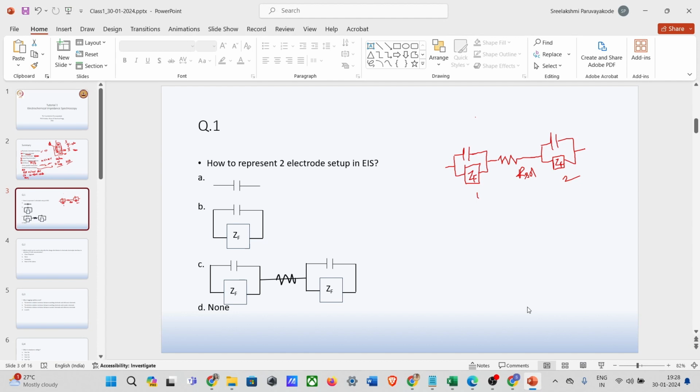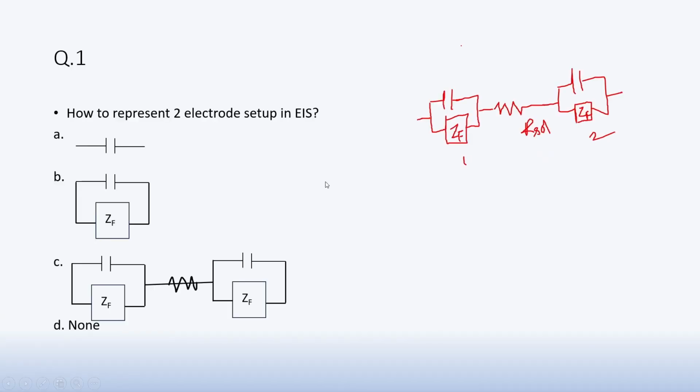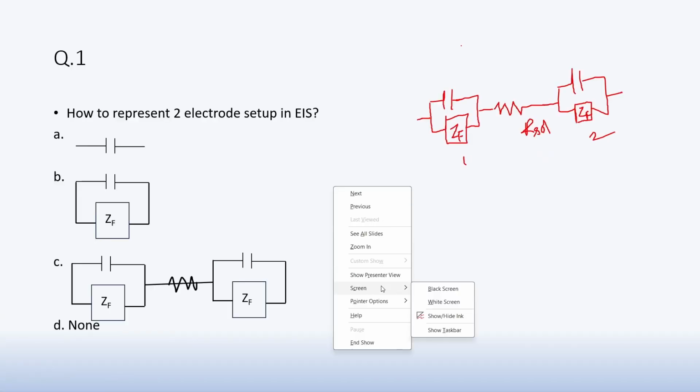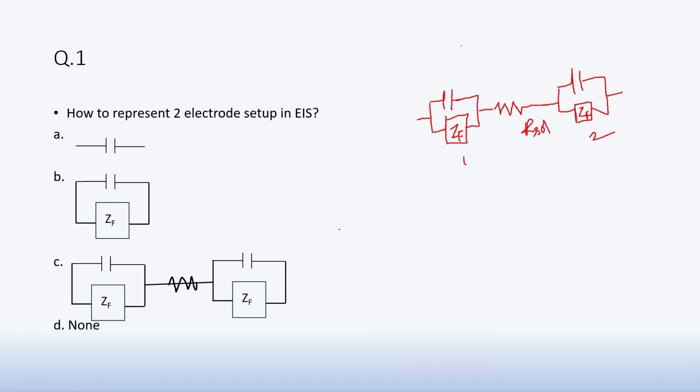Okay. So it is actually a combination of what both of you have told. I'll explain why. As mentioned, you have an electrode and your other electrode is a reference.